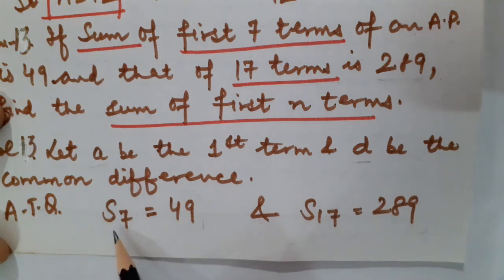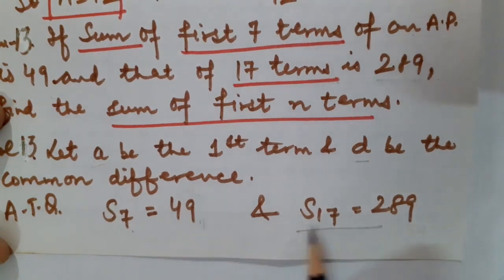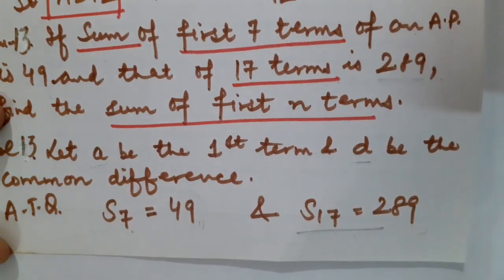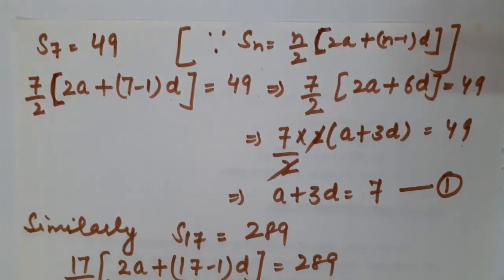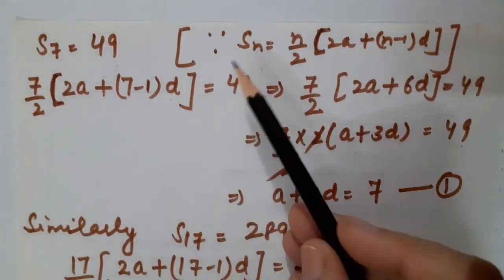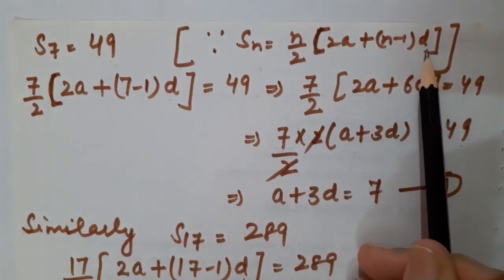According to the question, the sum of the first 7 terms, we can write it like S7 is equal to 49, and the sum of the first 17 terms, that is S17, is equal to 289. Now how to calculate S7? The formula is Sn is equal to n by 2 into (2a plus (n minus 1) into d).